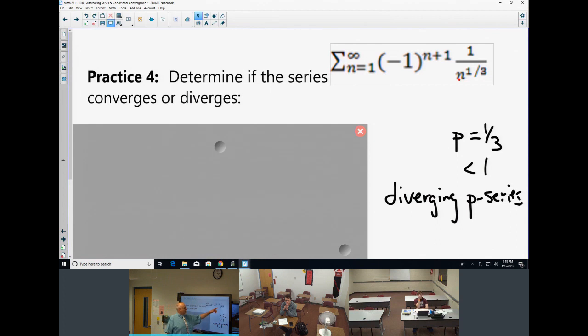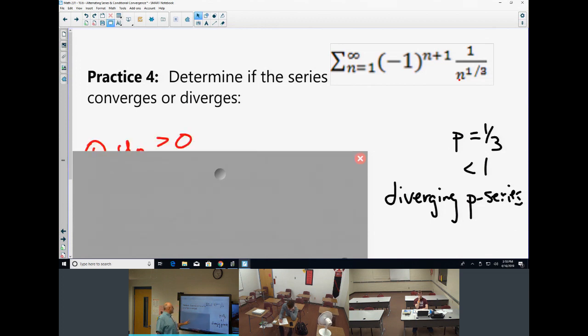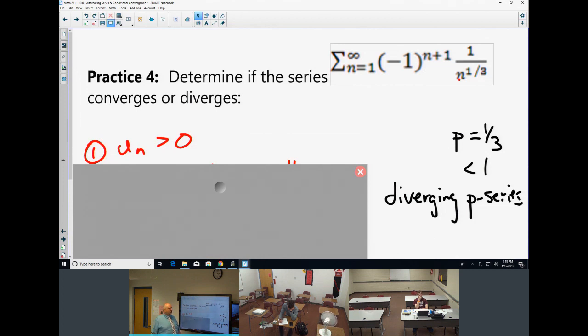Now, to see if the series converges, we can try the alternating series test. So again, we look at just this part and ask, are all of these values positive? 1 over cubed root of 1, 1 over cubed root of 2, 1 over cubed root of 3. Yes, they're all positive. Are they getting smaller? Is 1 over the cubed root of 1 bigger than 1 over the cubed root of 2, and is that bigger than 1 over the cubed root of 3?